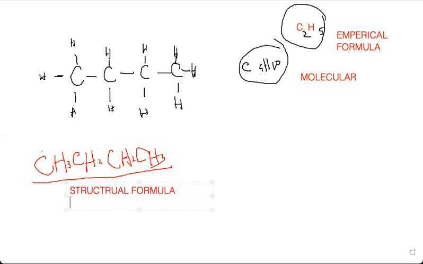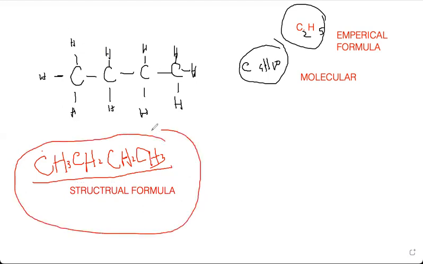Yes, this one is structural formula because this formula is telling you about the structure. What is formula? I mean, there's a difference between the structure and the formula. This is the formula, because this formula is telling you about the detail of a structure, how carbon is joined in a structure, or how carbon is showing in the structure. So this is the structural formula.